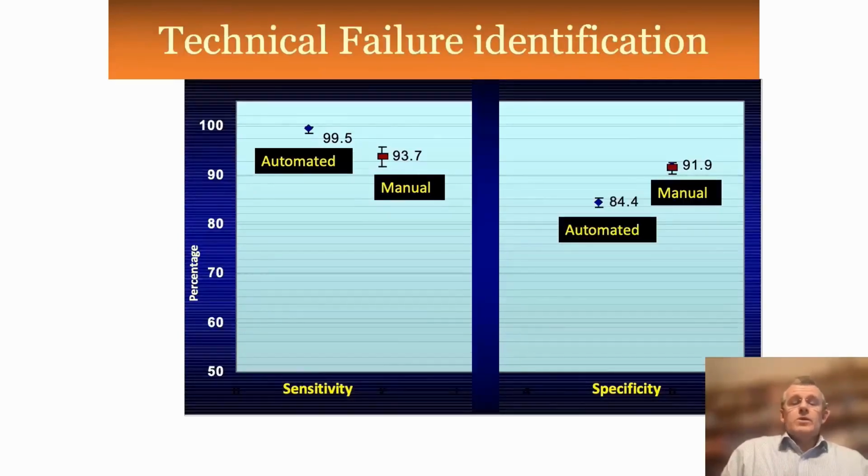Auto grading for this project had to be developed to be able to identify images of poor quality, because otherwise every image that the autograder looked at would have to be checked again to see whether it was a good quality image or not. And again, the autograder performed well compared to manual grading.